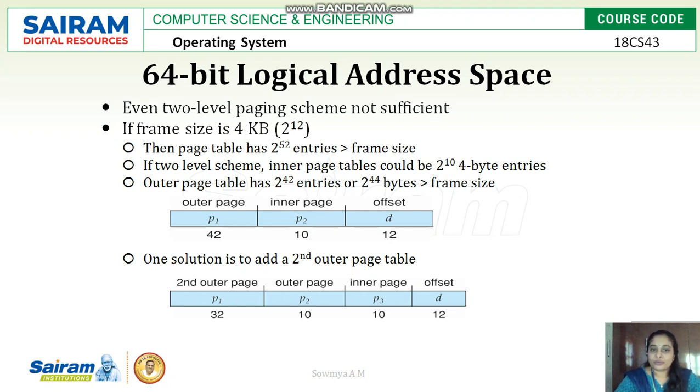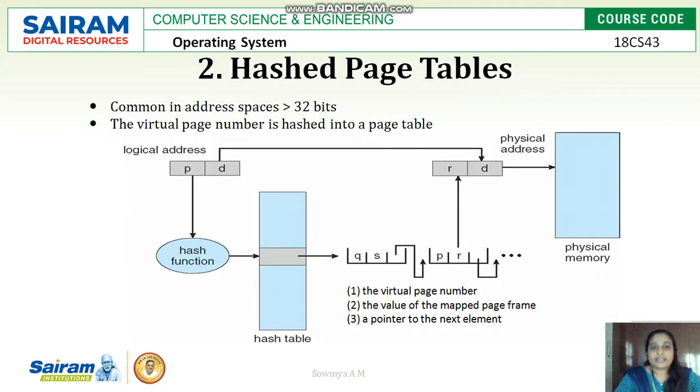If you want to go for one more outer page, then the outer page value, that is P1, is reduced to 32, P2 is 10 and P3 is 10. So based on your efficiency, those layers or hierarchical method of paging will be divided and accessed with the help of the offset value.